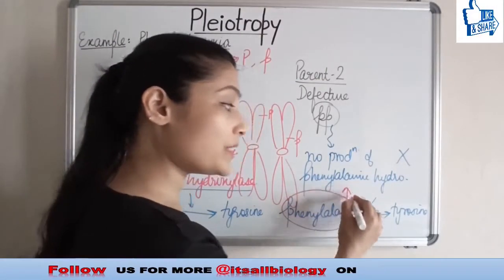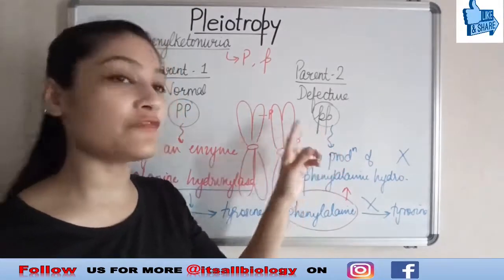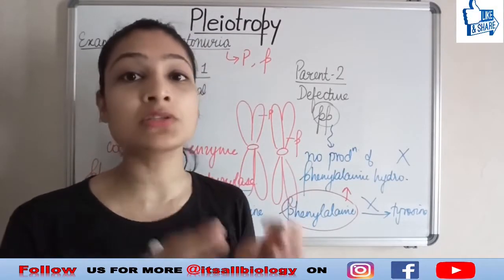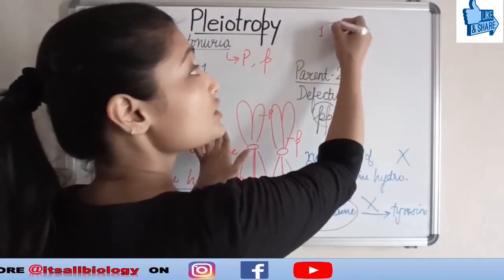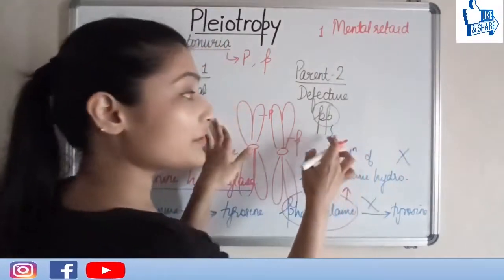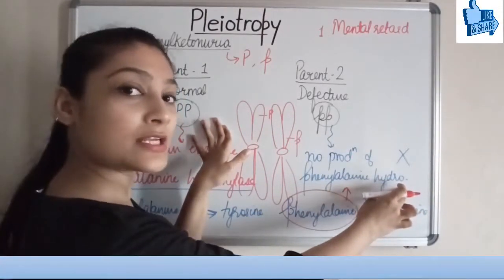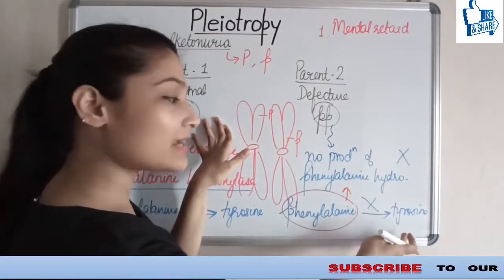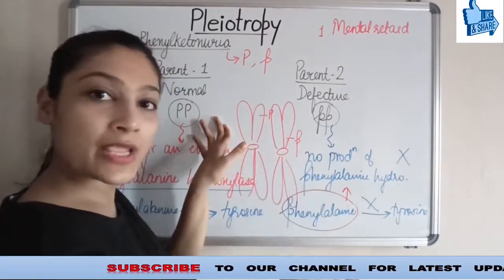There is going to be increase of phenylalanine in the brain of a defective alleles person, which is why such a person is going to be showing two traits, one of which is mental retardation. The person who's having a defective allele is not going to be showing the production of phenylalanine hydroxylase, which is why the phenylalanine will never be converted to tyrosine, and this will get accumulated and collected in the brain itself.